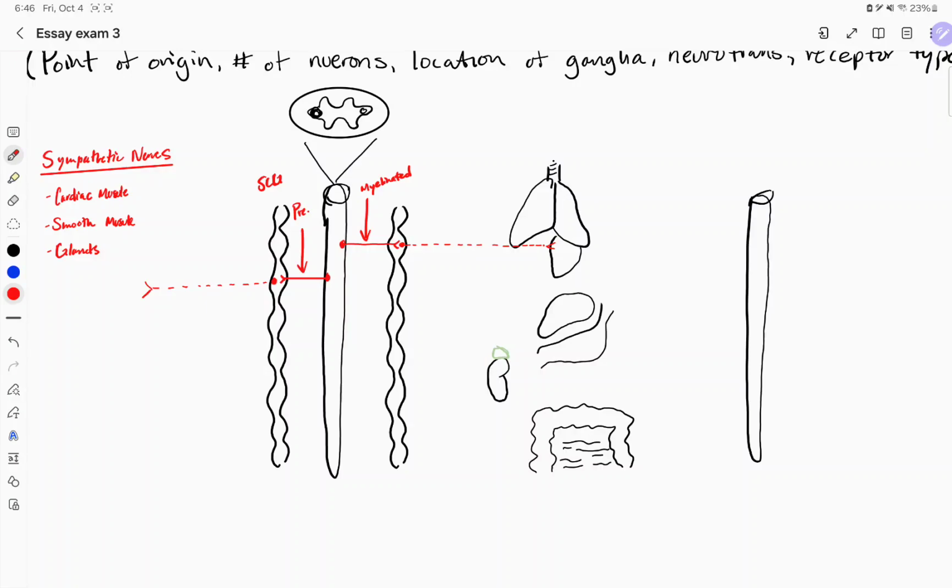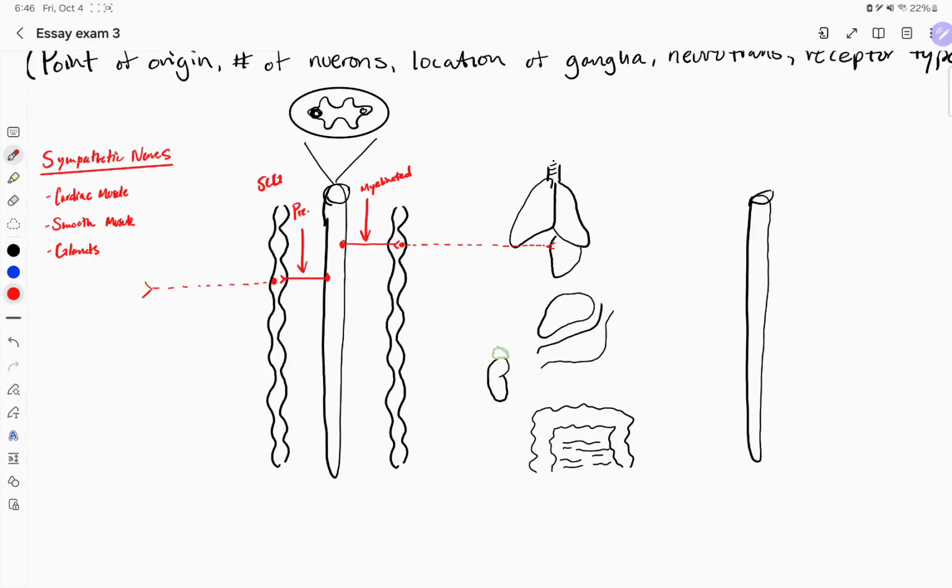So these are going to be involved in these categories. Cardiac muscle, obviously found in the heart. Smooth muscle could be found in blood vessels, could be found in organs in the abdominal cavity, for example, erector pili. And then we have our glands, for example, sweat glands, adrenal glands, and so forth.